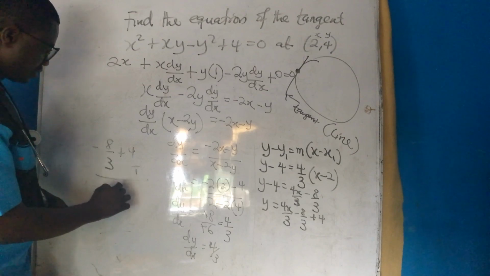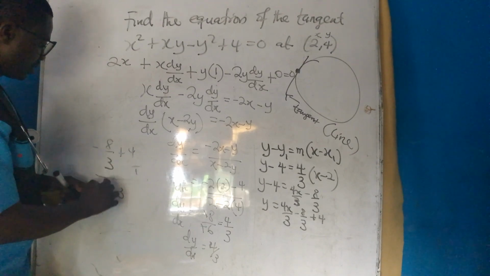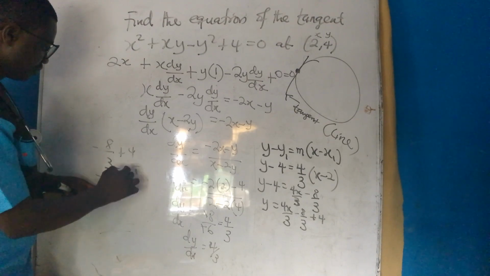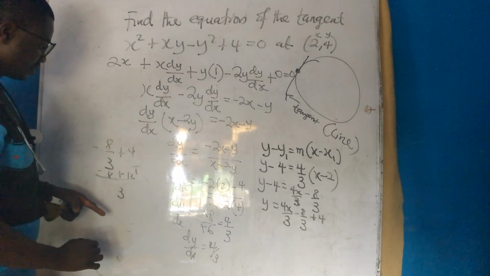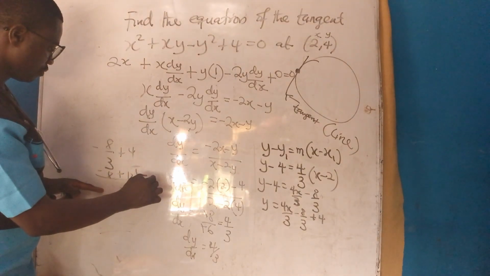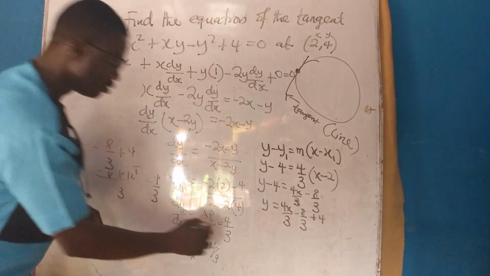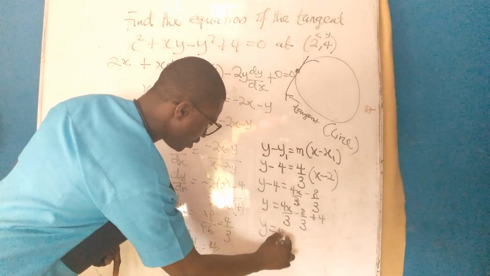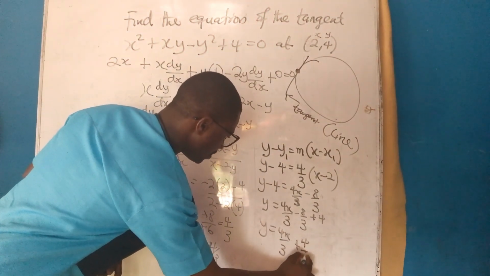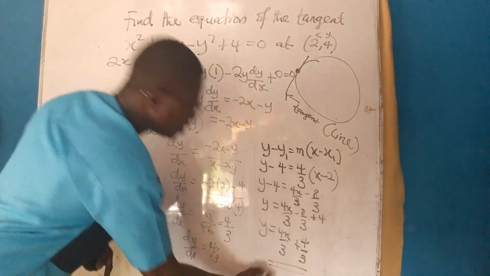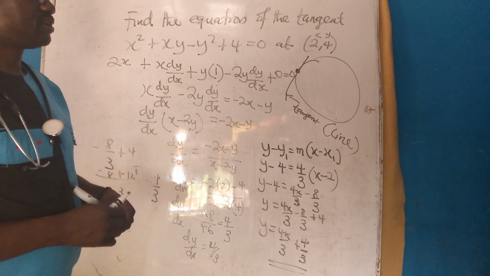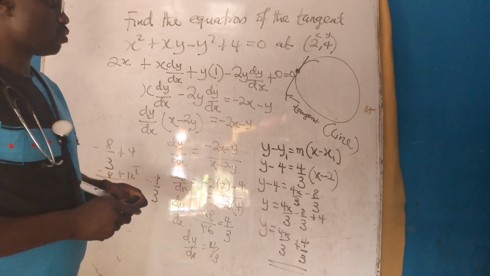Here the LCM is 3. 3 into 3 gives 3 times 4, which is 12, and it's minus 8. So this will give you 4 over 3. So we have y is equal to 4x over 3 plus 4 over 3. And this is the equation of the tangent, and that is what we are looking for.